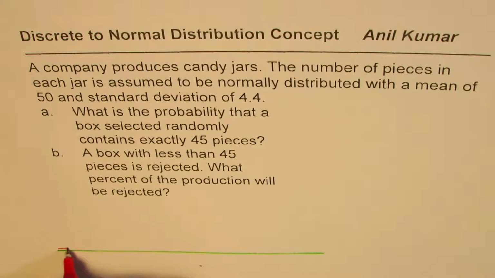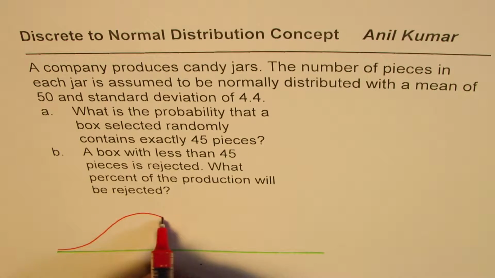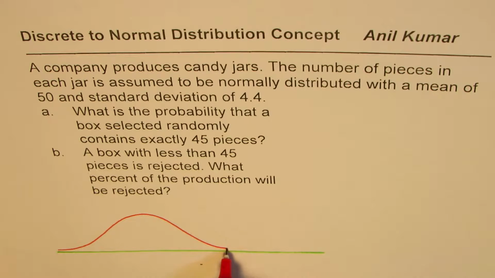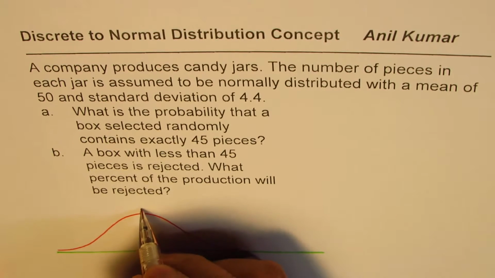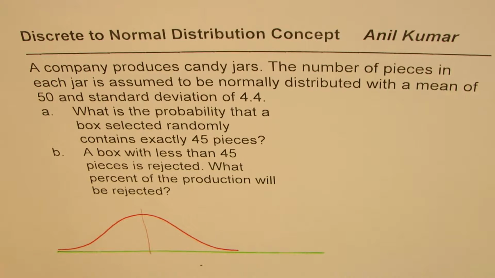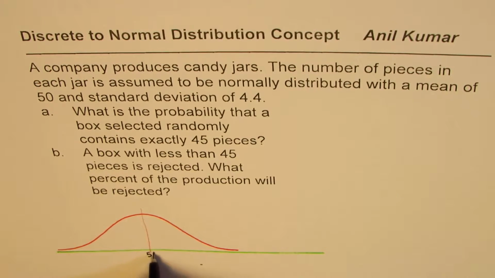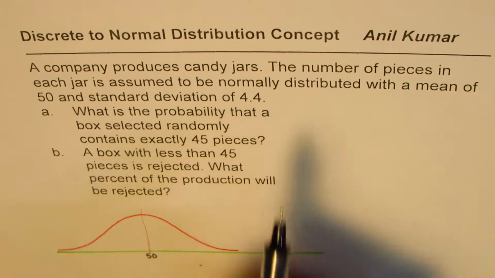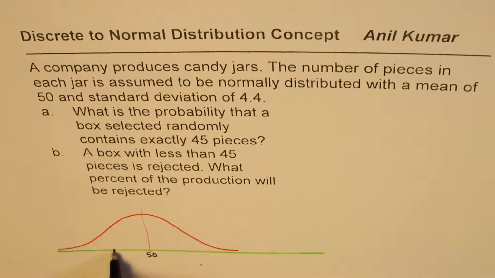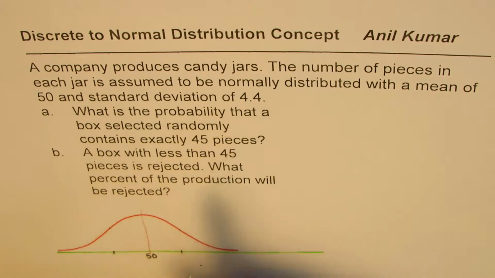So we'll just draw a normal graph here. In this normal graph, mean is given to us as equal to 50. So this value right in the center is 50. Standard deviation of 4.4. So that means the points here, one standard deviation away, are 4.4 away.